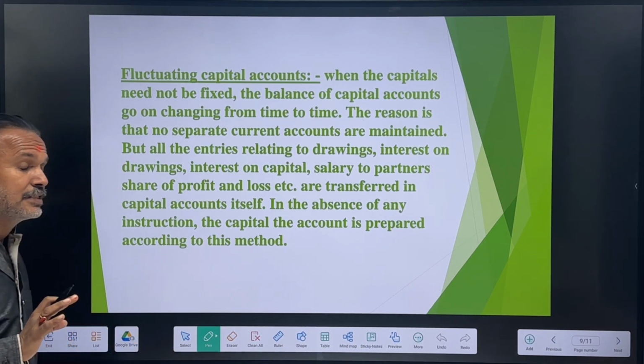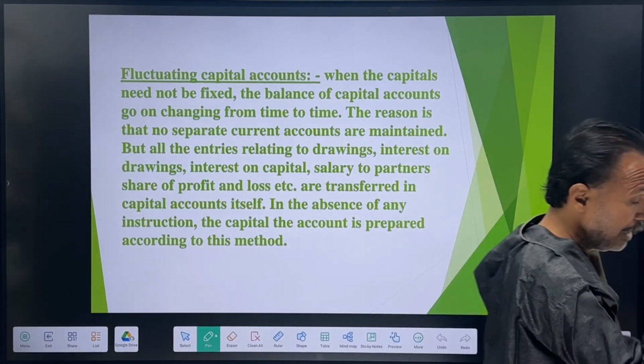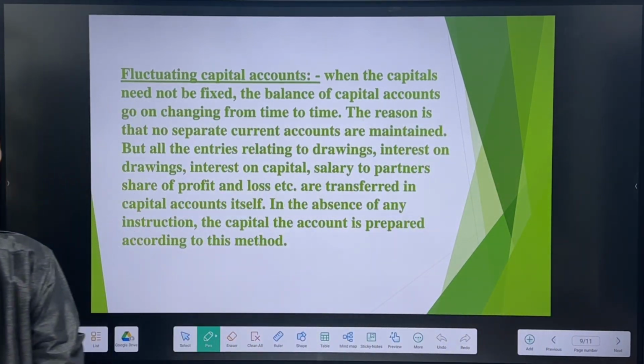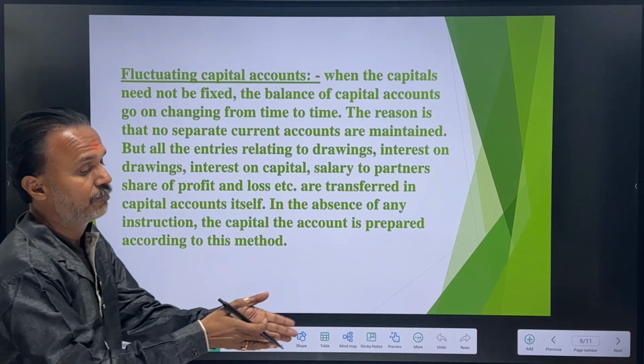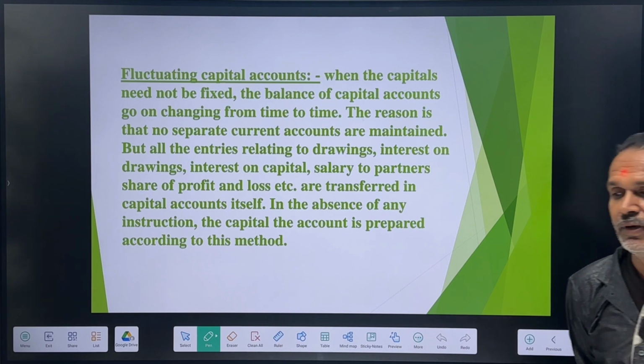In other words, when the capital accounts of partners are fluctuating, we prepare only one account. That account is called partners capital account. Or if we merge partners capital account and partners current account, then we get the fluctuating capital account.